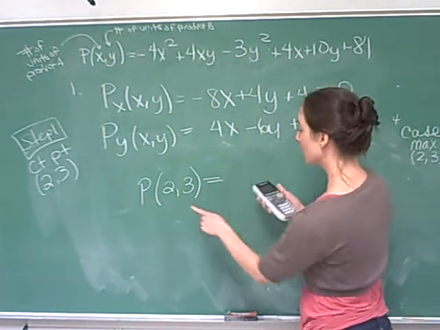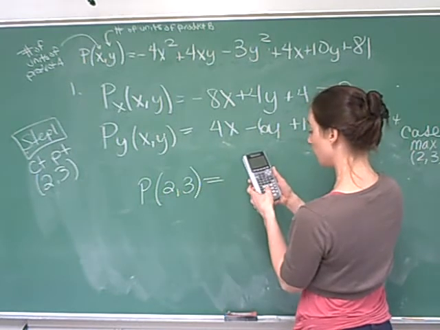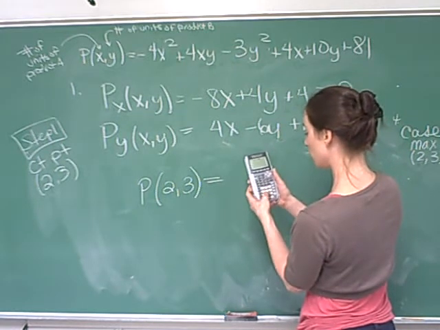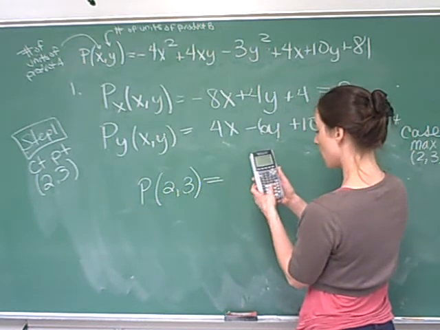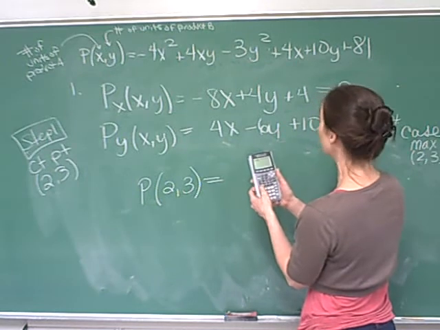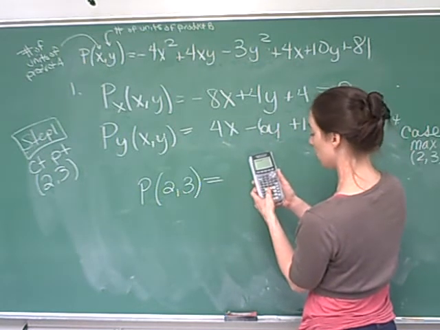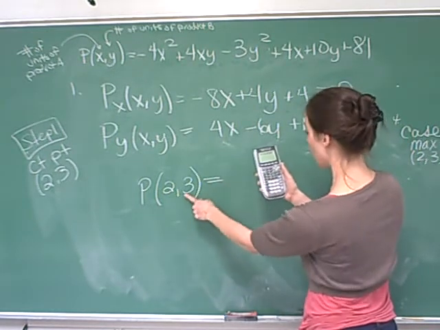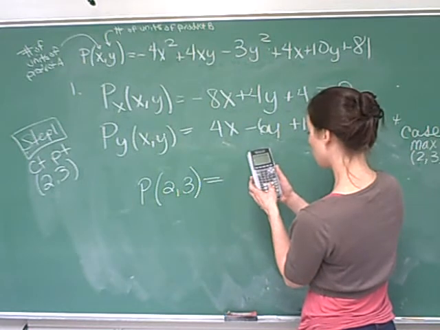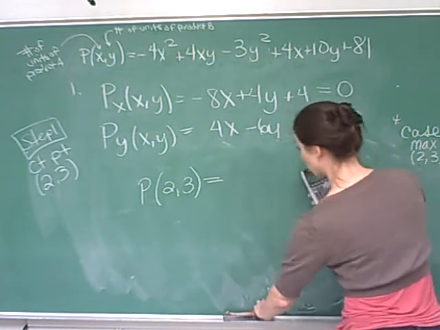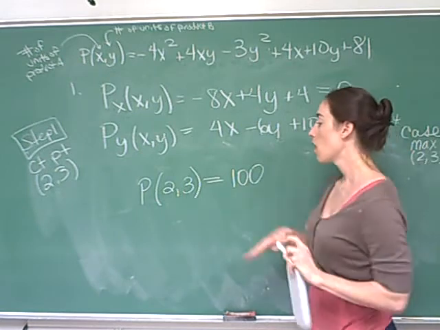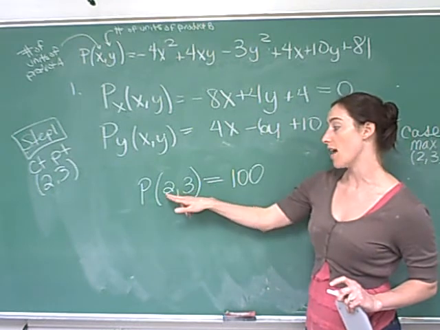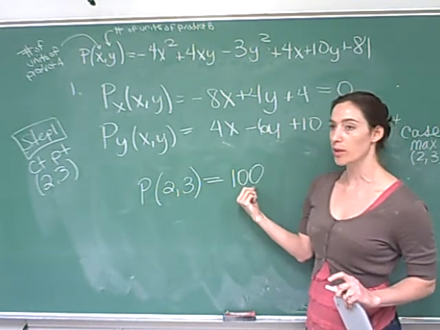So let's see, I'm going to do -4 times 2 squared plus 4 times 2 times 3 minus 3 times 3 squared plus 4 times 2 plus 10 times 3 plus 81, and I get 100. So the maximum profit is realized at these inputs, and that value is 100.